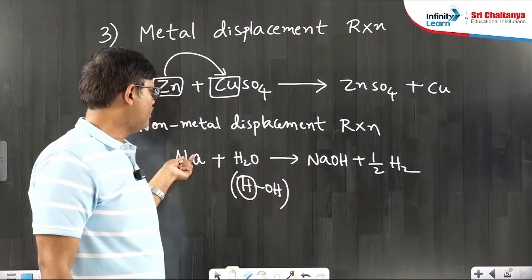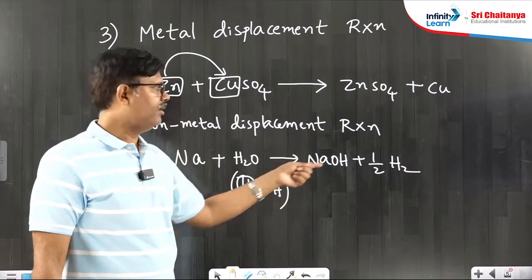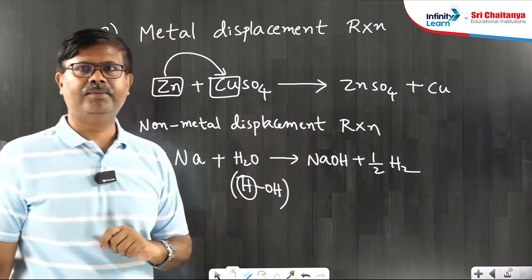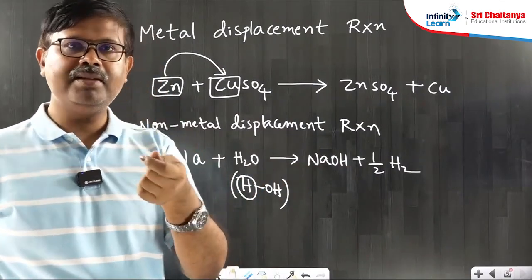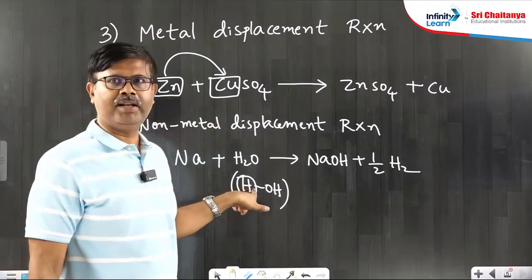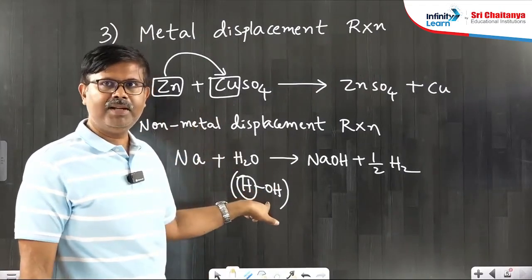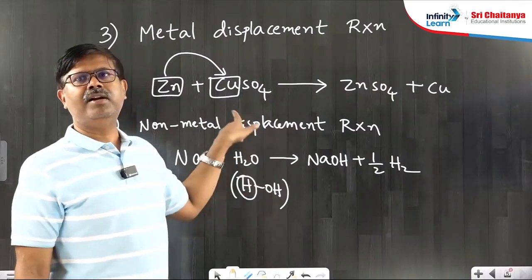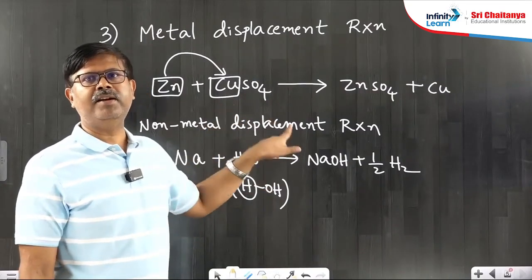This is how sodium is coming in the place of hydrogen to form NaOH. So which is getting displaced or replaced? Hydrogen is getting replaced. By whom it is getting replaced is a different thing, but it is getting replaced here. So hydrogen is a non-metal, and this is a non-metal displacement reaction.